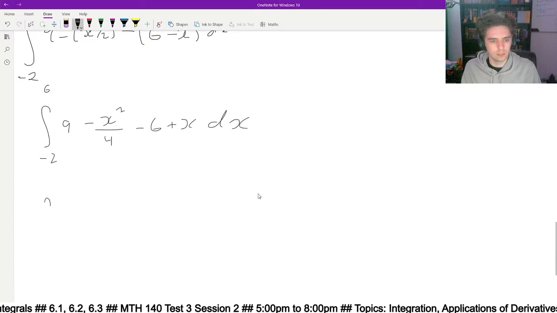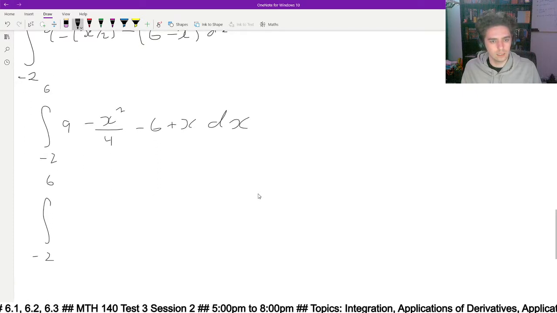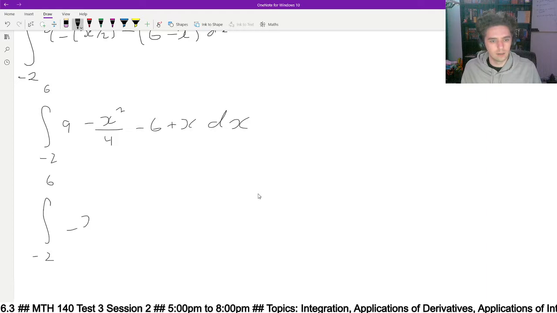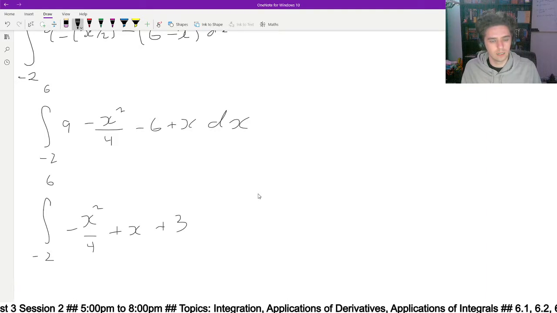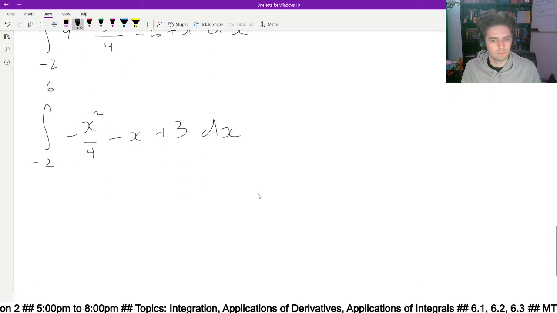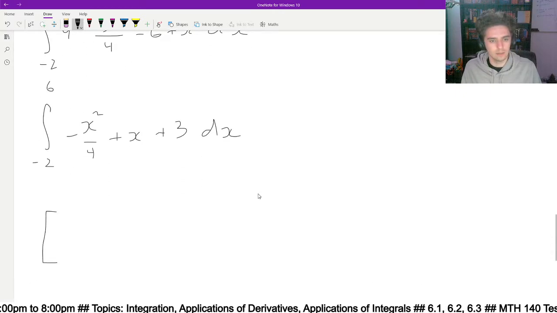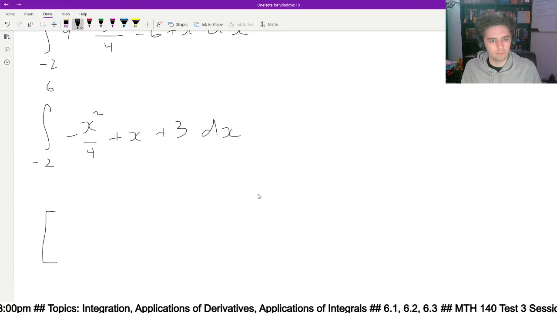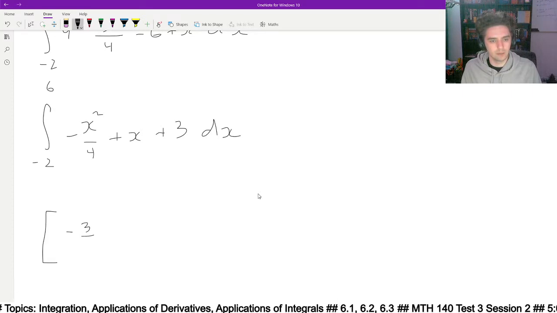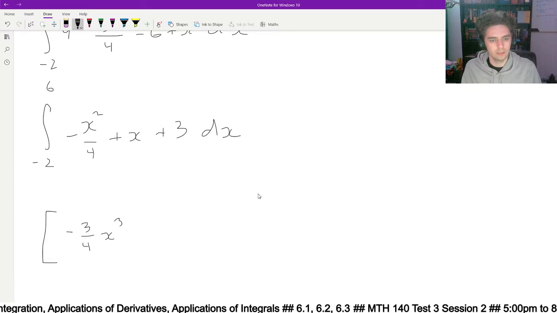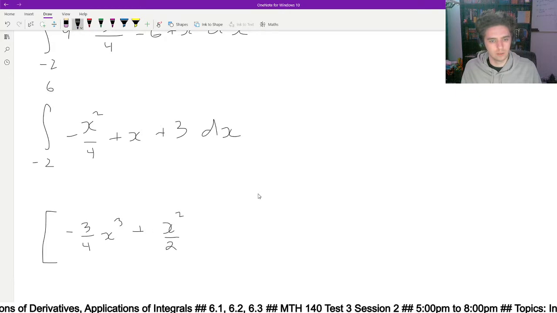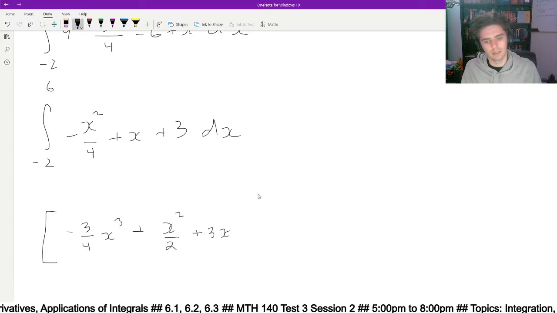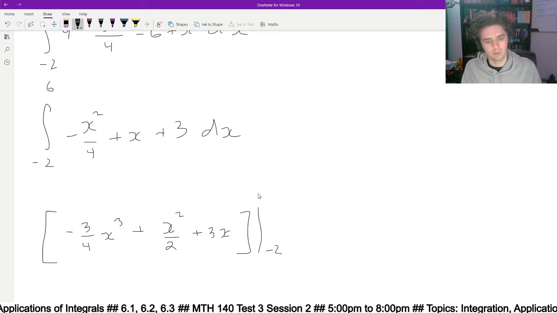So this will be the integral from -2 to 6 of negative x squared over 4 plus x plus 3 dx. Okay, now I'll take the antiderivative. So this will be -3 over 4 x cubed plus x squared over 2 plus 3x, evaluated from -2 to 6.